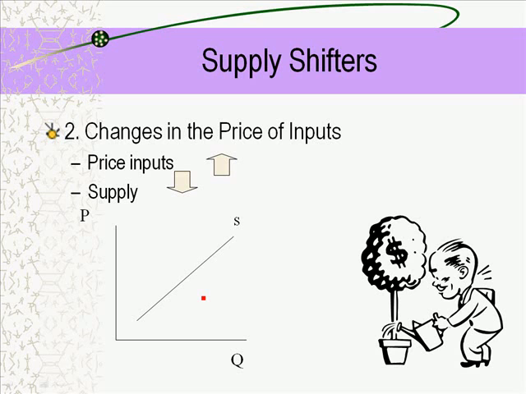And if it costs more for us to produce something, we're not going to be able to produce as much. So if the price of an input increases, supply is going to decrease. And vice versa. If the price of inputs decreases, we can use more inputs and supply will increase.